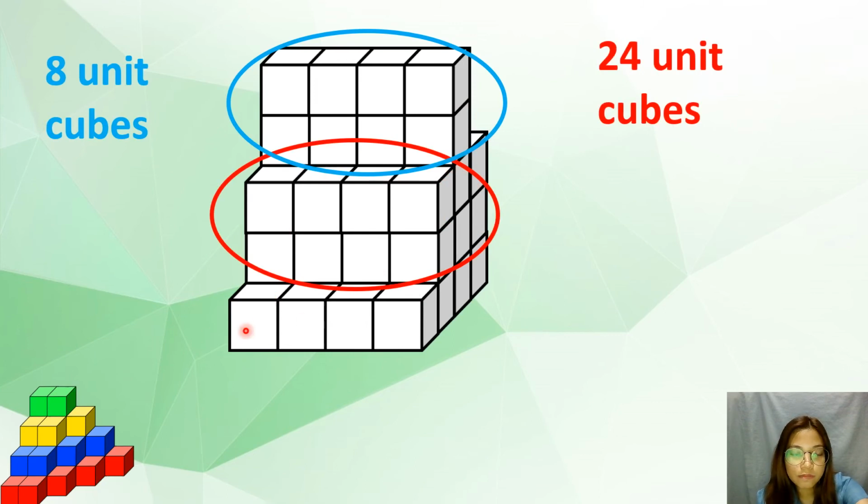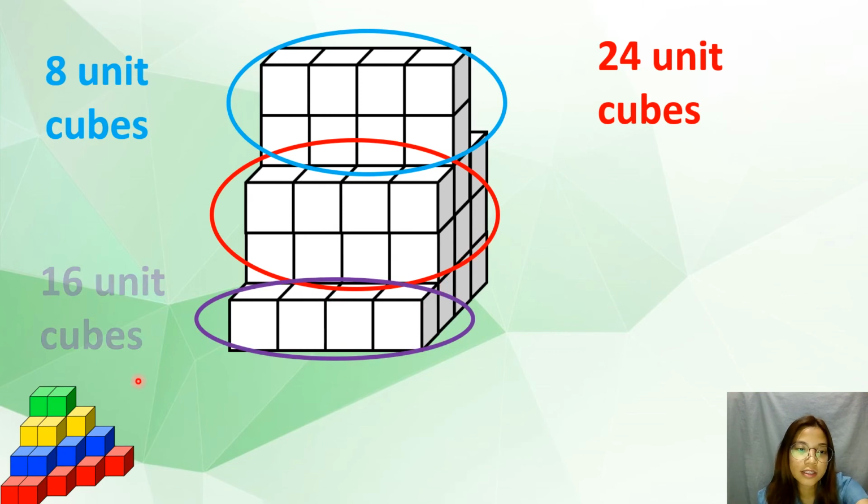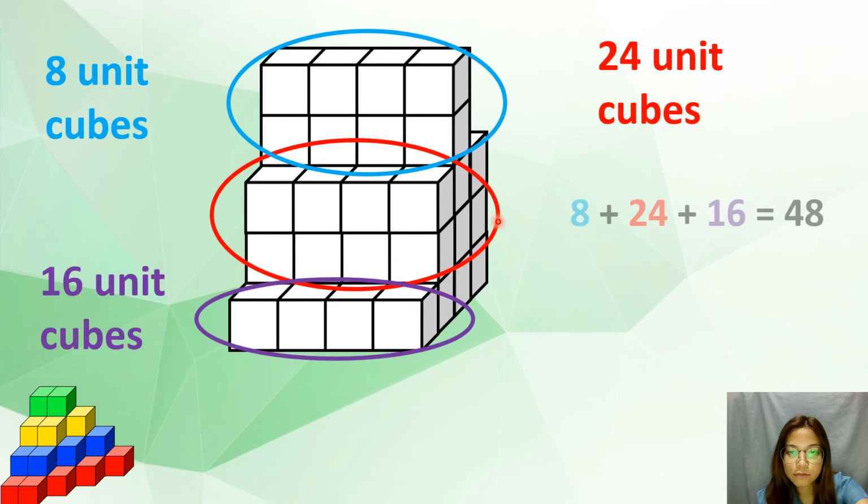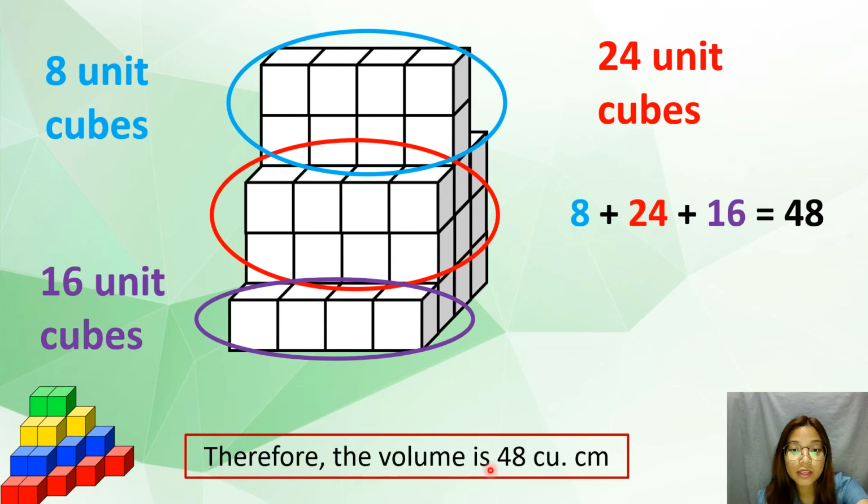How about this one? 1, 2, 3, 4 times 1, 2, 3, 4, so that's 16 times 1, then 16 unit cubes. So add them together to get the volume. 8 plus 24 plus 16 is equal to 48. Therefore, the volume is 48 cubic centimeters.